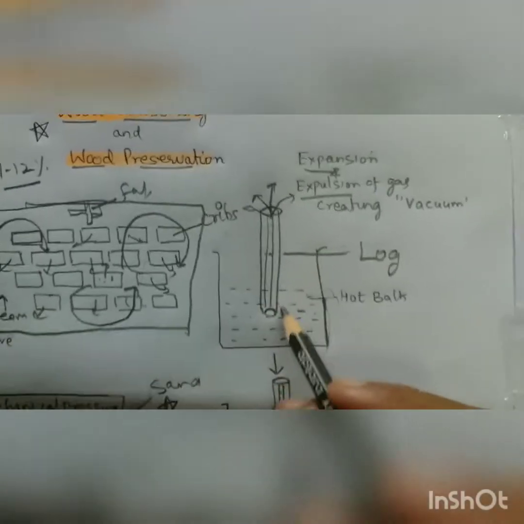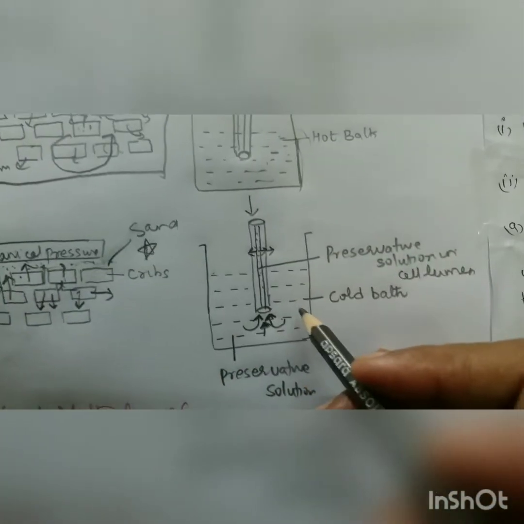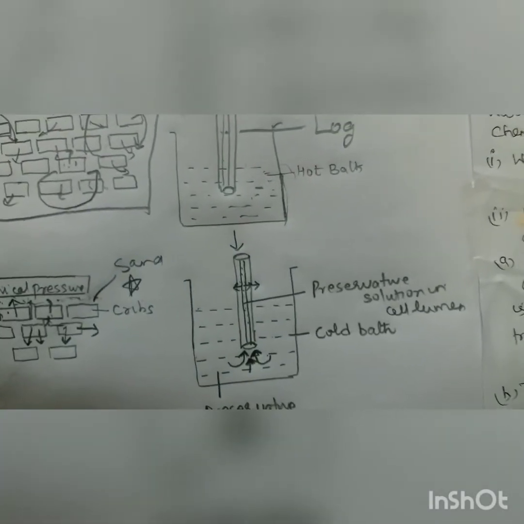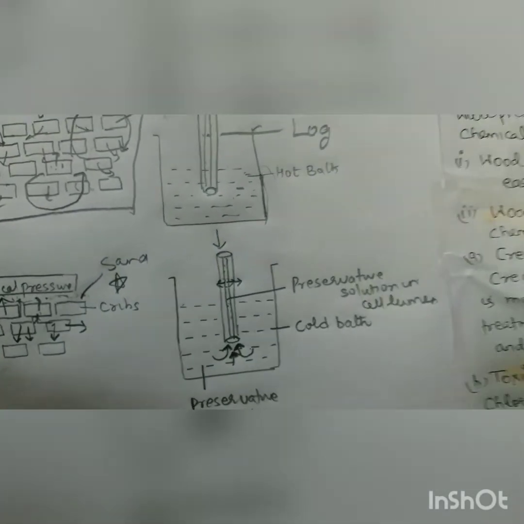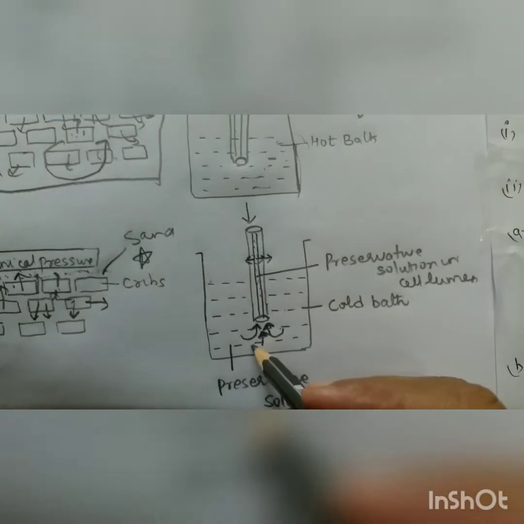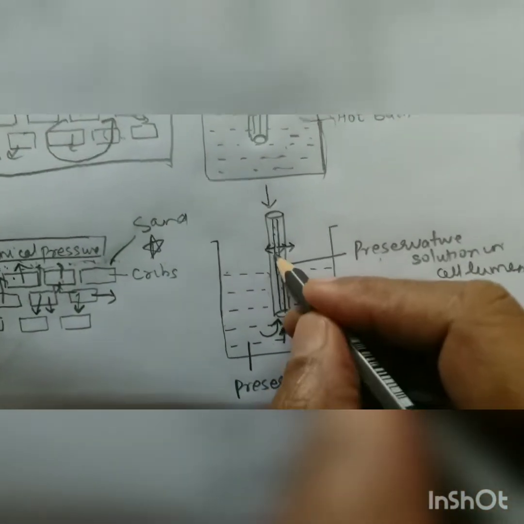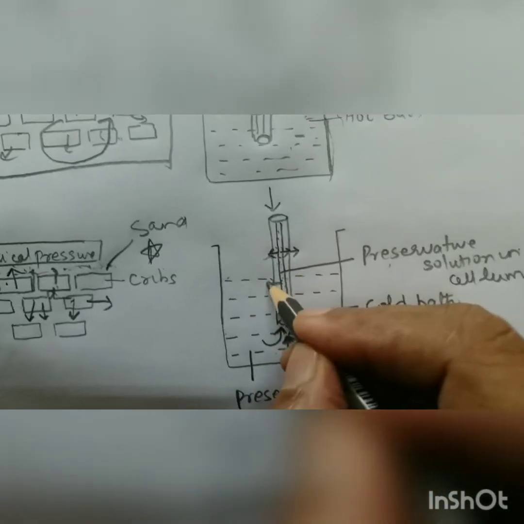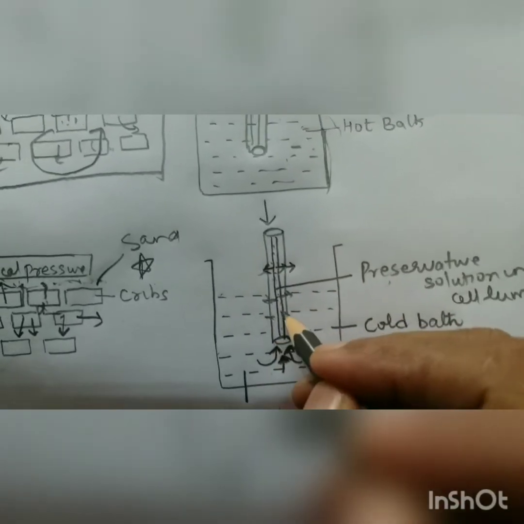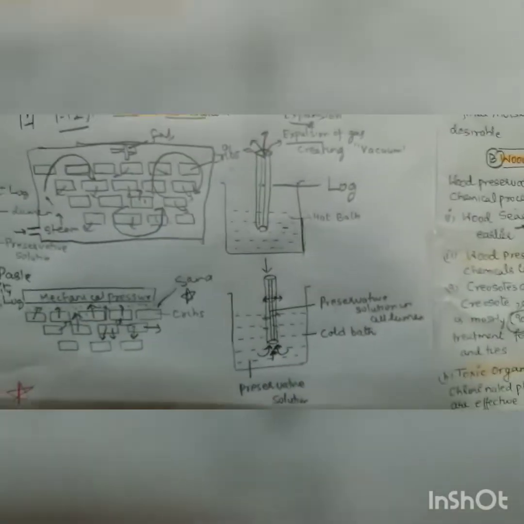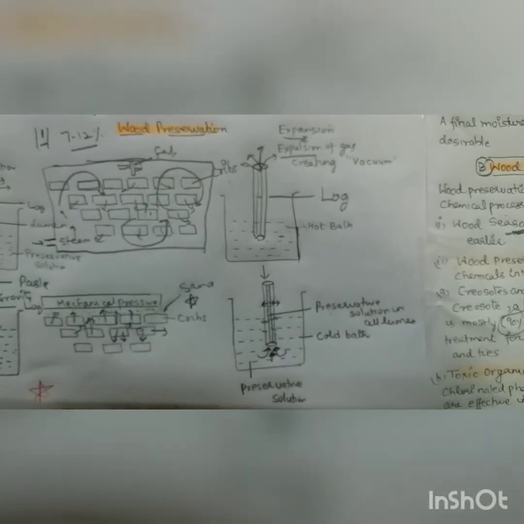So when we put it in a cold bath, because the vacuum is there, it draws this preservative solution up and into the lumen, and from there it distributes into the whole wood. And this is why by alternating hot and cold, we preserve the wood, right?